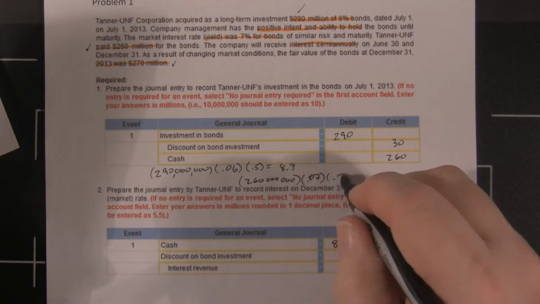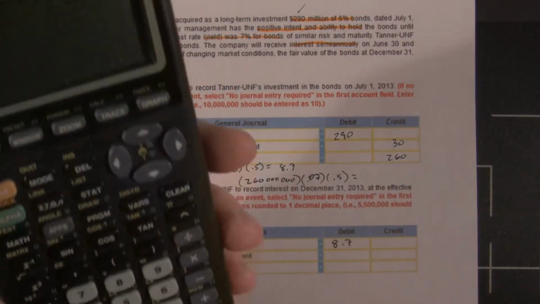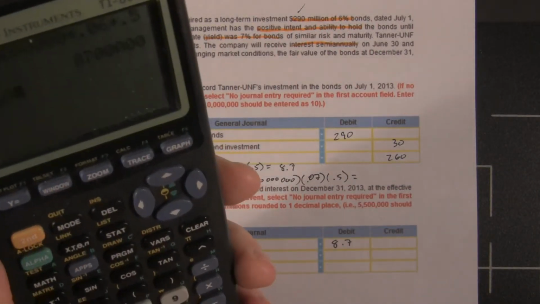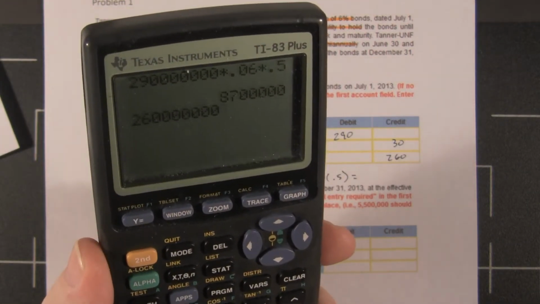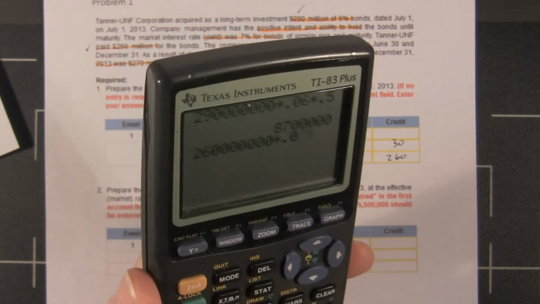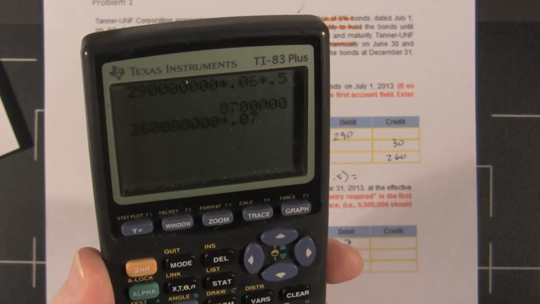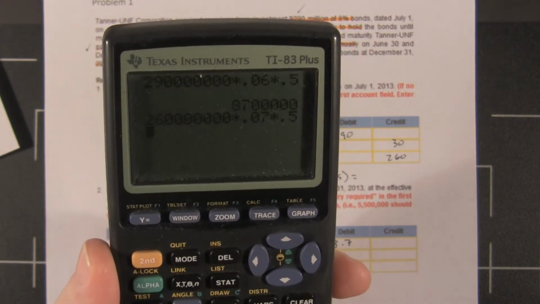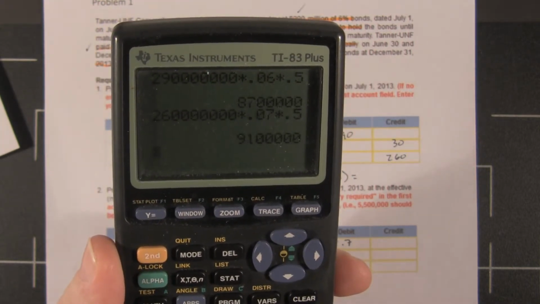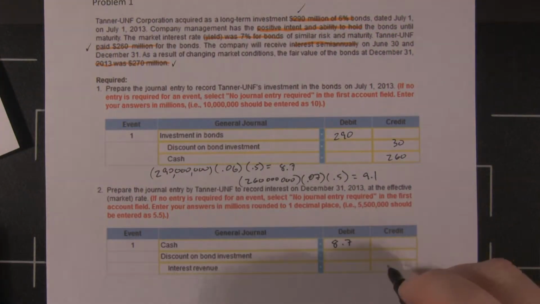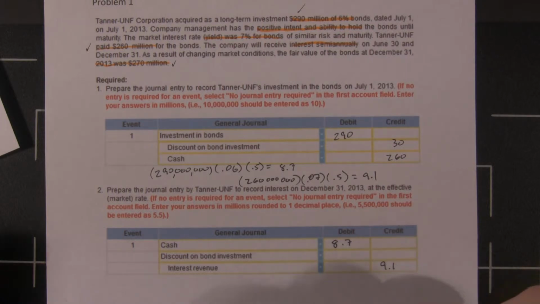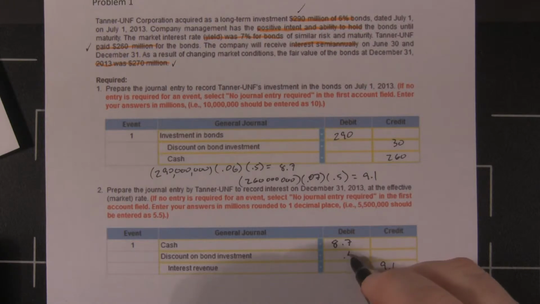And again, they pay twice a year, so 260, 1, 2, 3, 4, 5, 6, times 0.07, the market rate of interest, times twice a year, so half of that, $9,100,000. So that's their interest revenue. And the amount of discount that is amortized is $0.4 million, or $400,000.